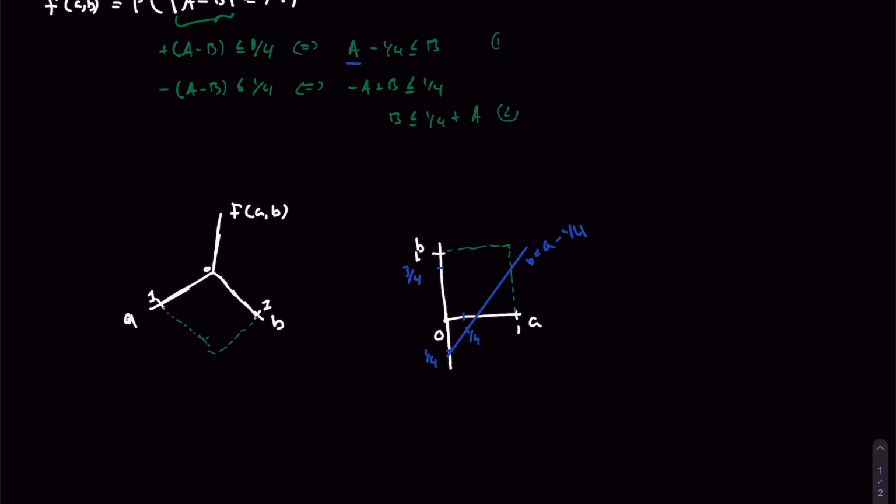And then we have another one, which is the second equation, and it's purely symmetrical. When a is 0, b is 1/4, so it will be crossing here.